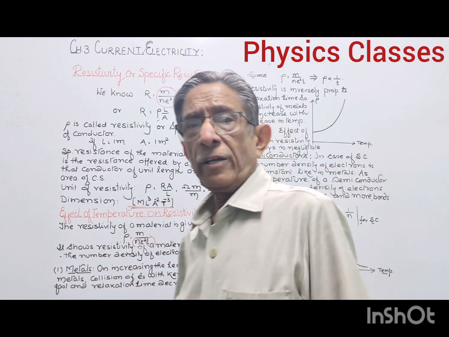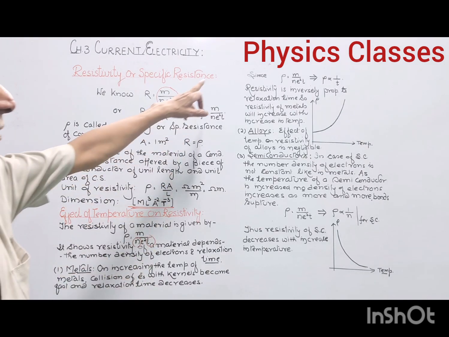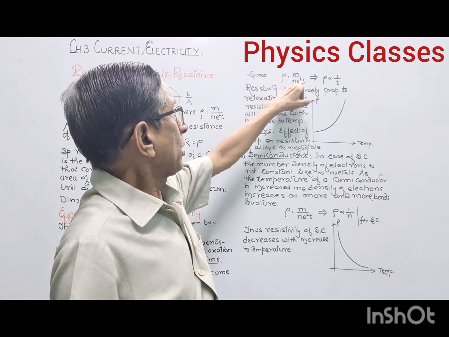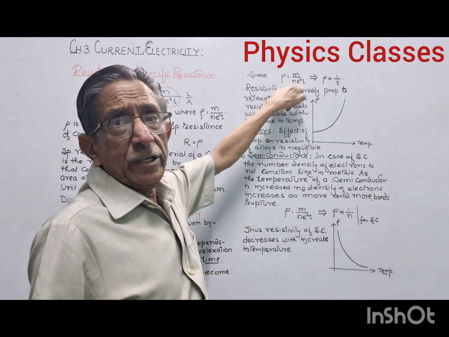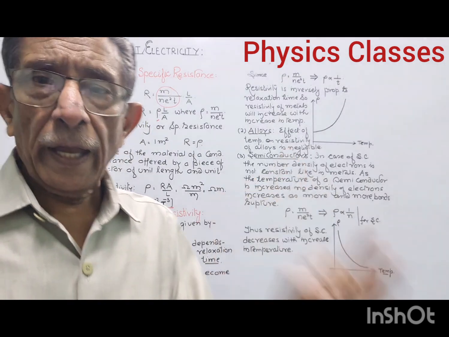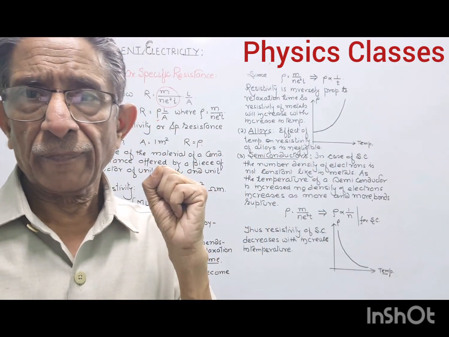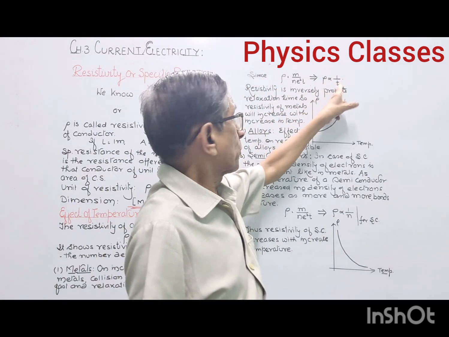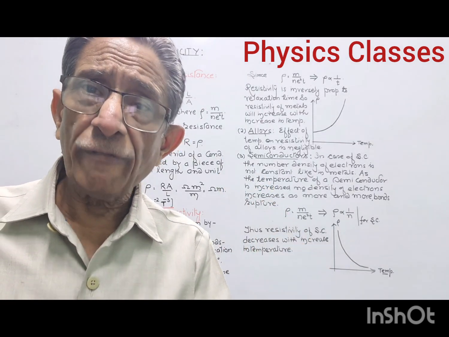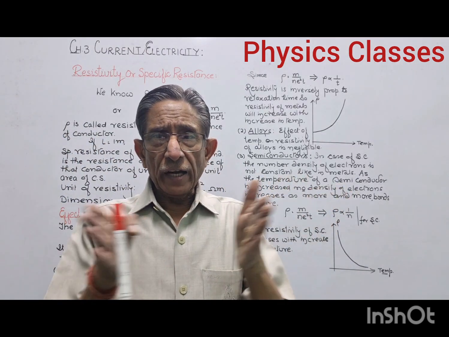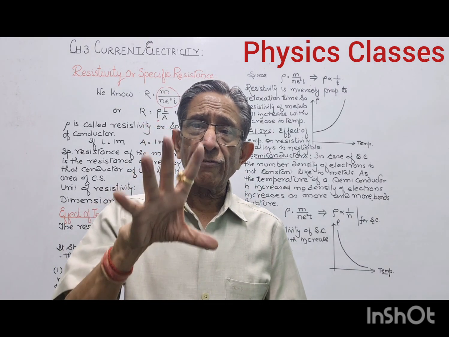So let us first study metals. In case of metals, rho is equal to m upon n e squared tau. For metal, m, n, e are constant. The variable is relaxation time. So we can say rho is proportional to 1 upon tau. If we increase the temperature of a conductor, the collision of electrons with the kernel will become fast. The movement of the electrons will become fast.